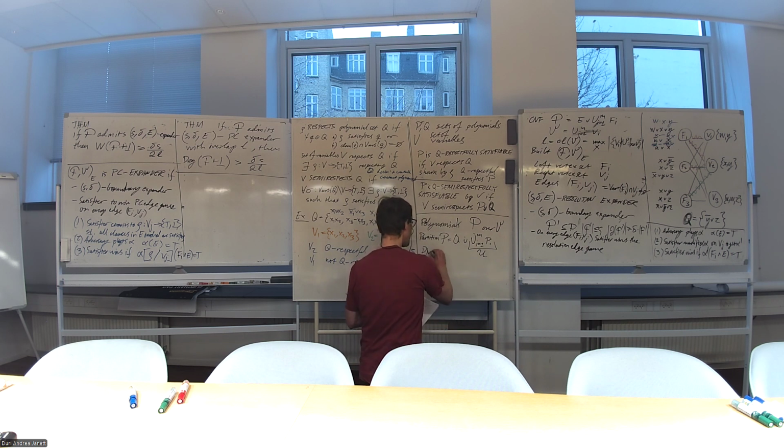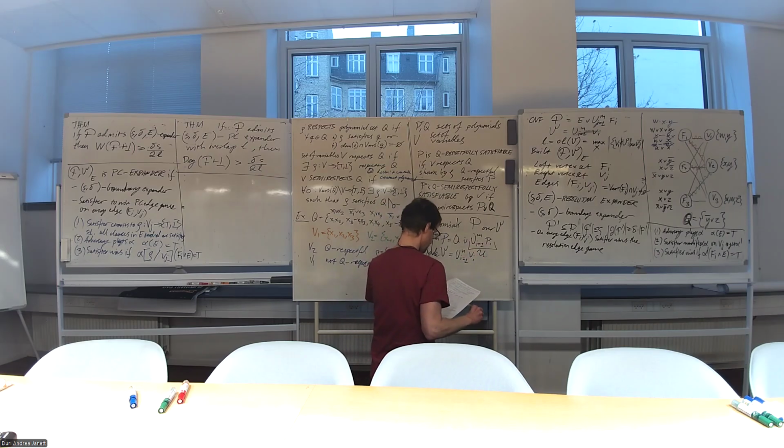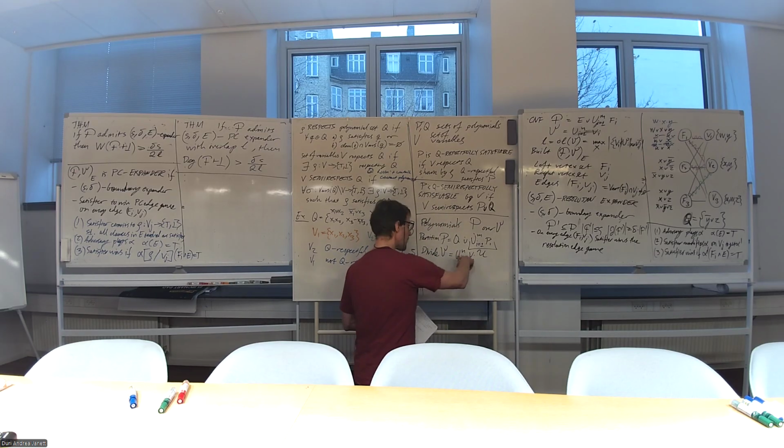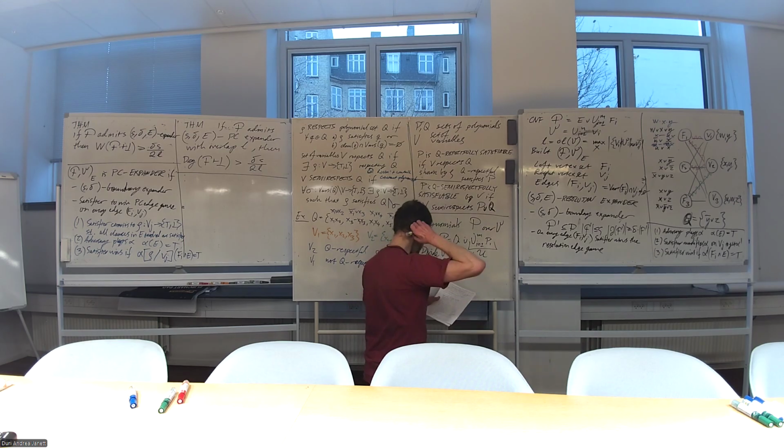And then I'm going to divide the variables up into V_j for j from 1 to n. And again, I want variables to occur in a bounded number of polynomials.